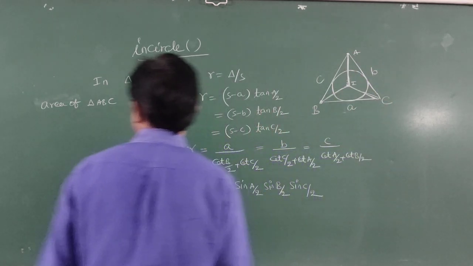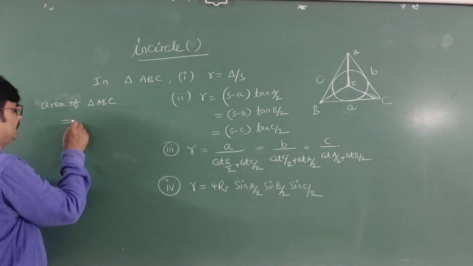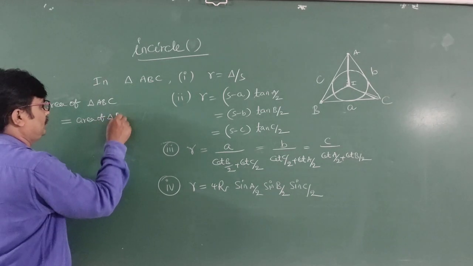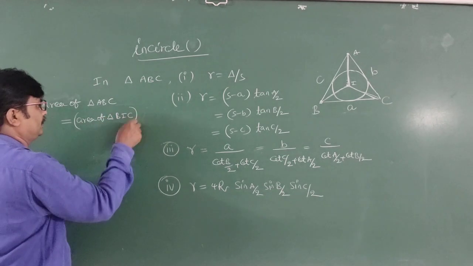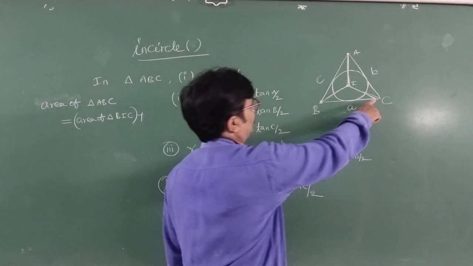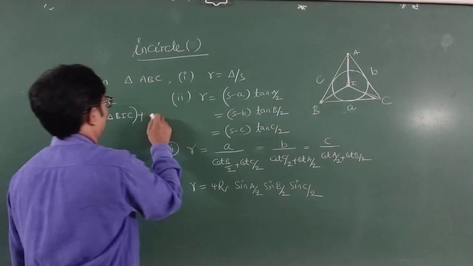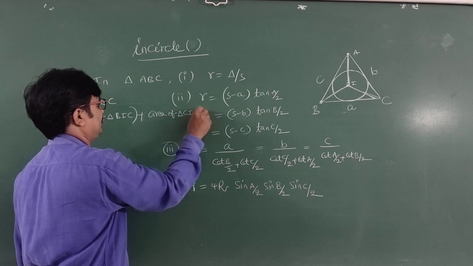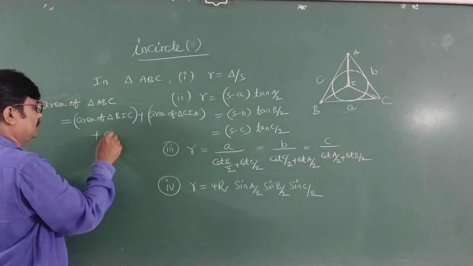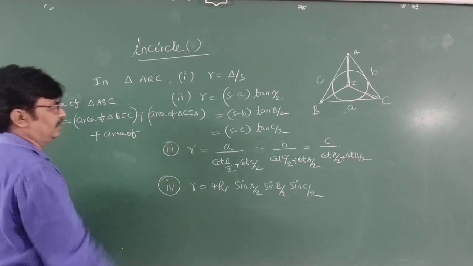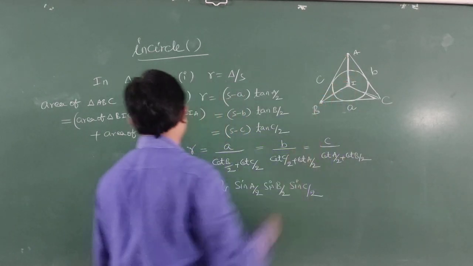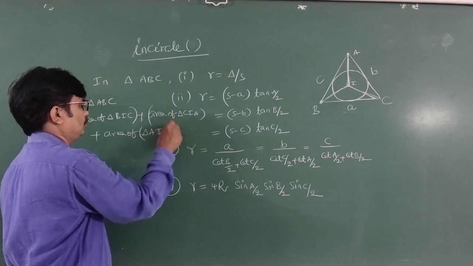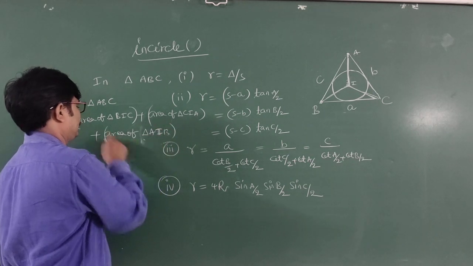So we can write the area of the triangle ABC as the area of the triangle BIC, after that the area of the triangle CIA, then the area of the triangle AIB.